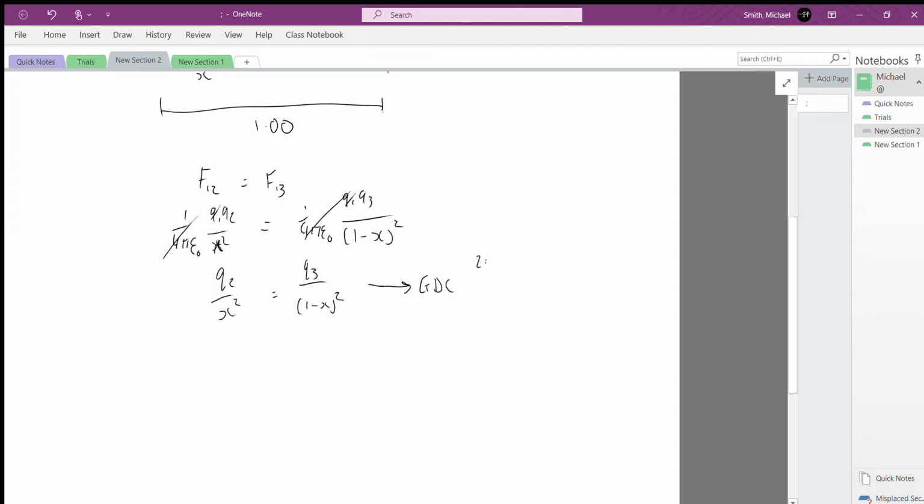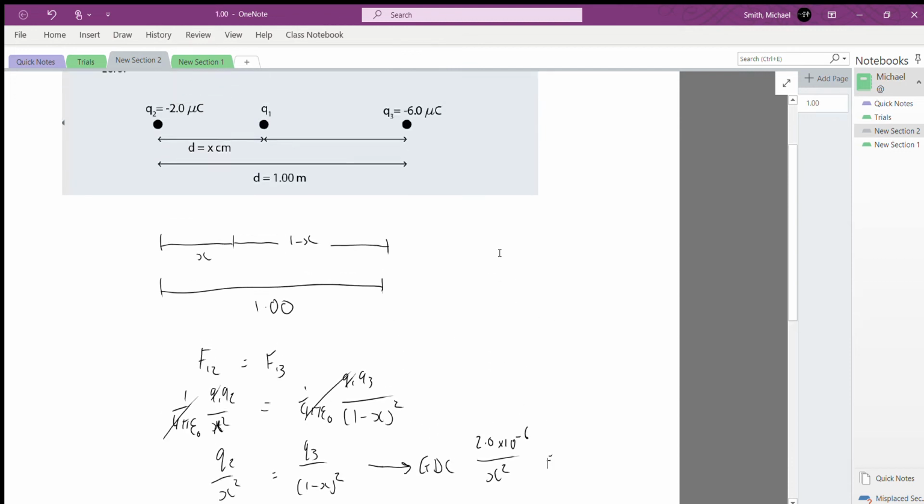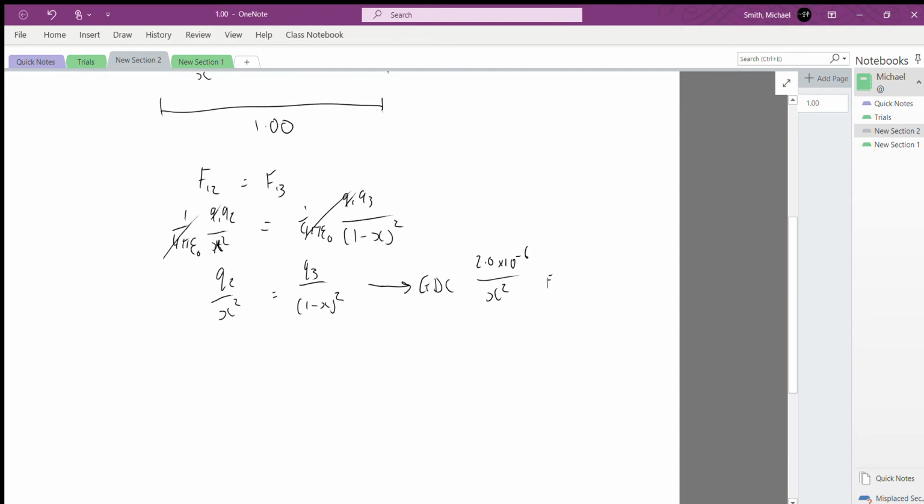So we have 2 times 10 to the power of minus 6 on x squared equals, and Q3 is 6 microcoulombs, on 1 take x squared, and you can find out that x using your graphics display calculator is about 0.37 meters, which is 37 centimeters.